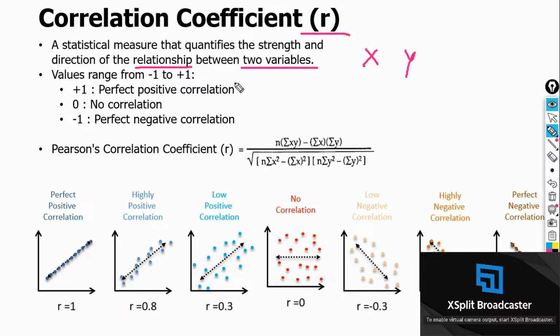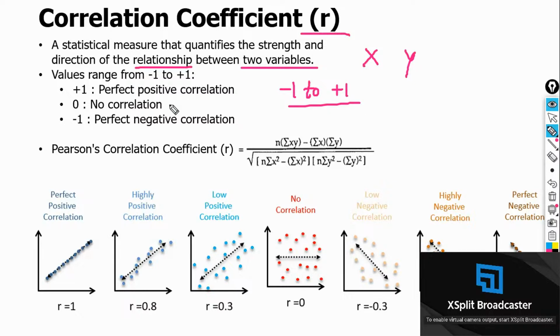And the range of small r lies between -1 to +1. This is the range. So that means we cannot have r greater than 1 or r less than -1. It only lies within this range.